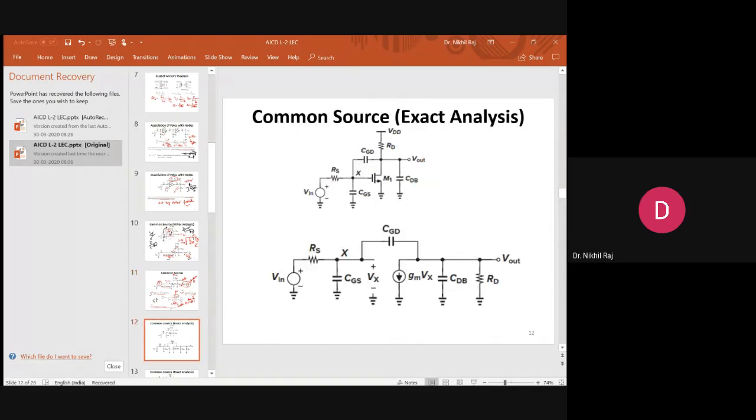So coming to slide number 12. In order to predict the zero, we'll start with the same circuit, doing the small signal model. You can see in slide number 12, the bottom figure is a small signal model.